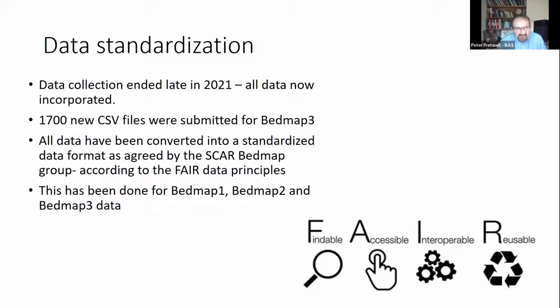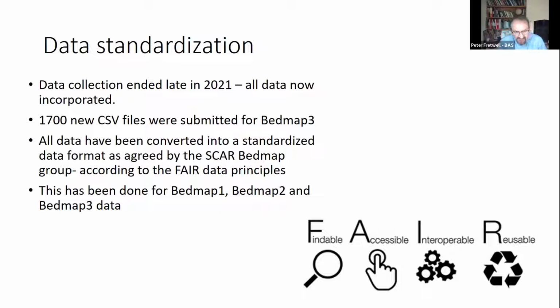But I'll talk a little bit about timelines in a short while. One of the key parts of providing the data is that it's all going to be standardized. So if you get data now from different organizations, it all comes in very, very different formats with different attributes, different things are recorded using a lot of different nomenclatures. We've taken all of the data from the last 60 years of radio echo sounding and seismic data.